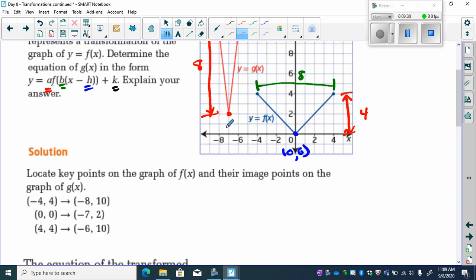It's easiest if you use that point. It became -7, +2, this point. Note that this vertex coincides with this vertex. That point 0, 0 on the original became -7, 2 on the transformed. That is its image point.